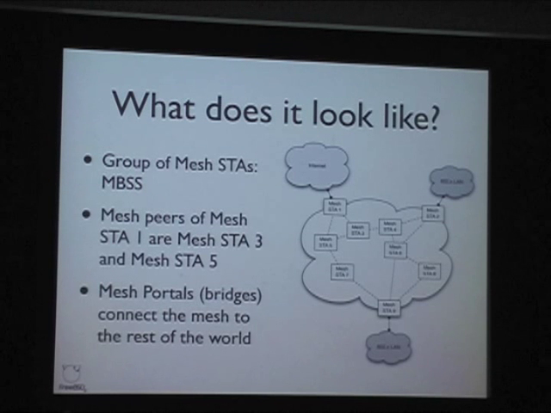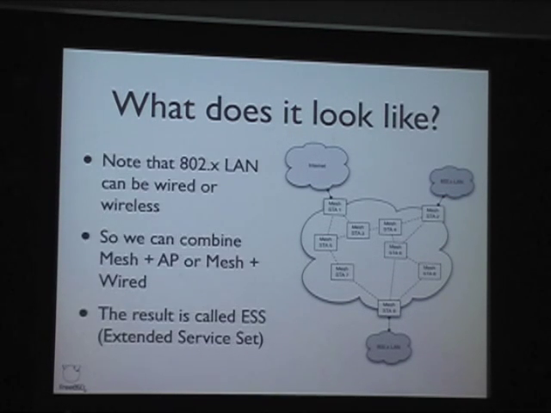The whole group is called the Mesh Basic Service Set, MBSS. This means that we can connect by using bridges to other 802.x networks and eventually to the internet. And the whole thing is called the Extended Service Set.